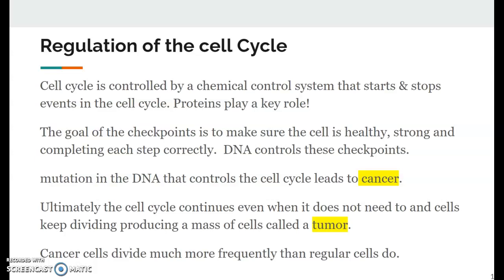So if there is DNA that tells the cell cycle when to start, when to stop, and there's a mutation in here, then you can see how that could cause some serious problems for the cell. Ultimately, the cell cycle continues when it does not need to, and the cells keep dividing, and they eventually form cancer. Cancer cells divide much more frequently than regular cells do because they're not being controlled.